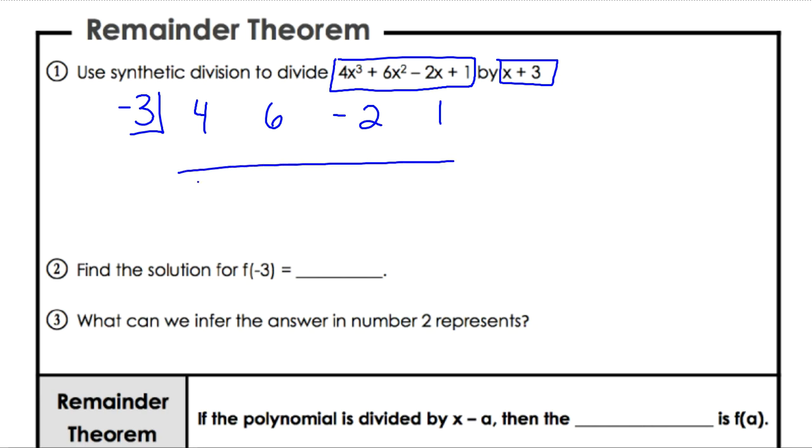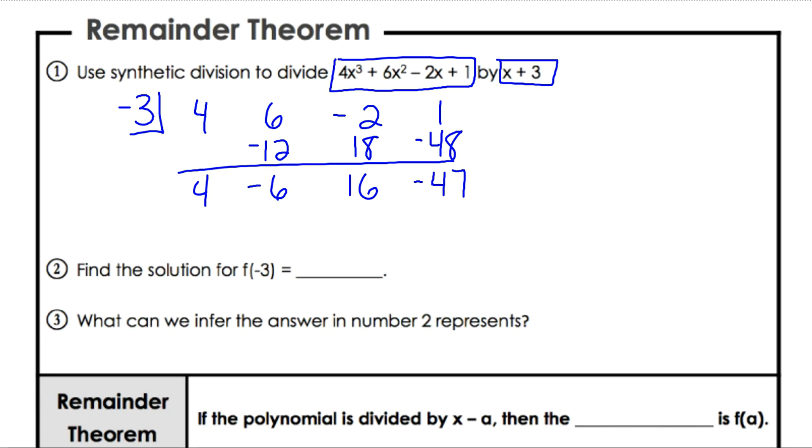So when we do synthetic division, we drop the first one down, multiply those together, add those together, multiply by -3, add those together, multiply by -3, and add those together. Now let's look at it in a slightly different way. So let's find the solution for f of -3.